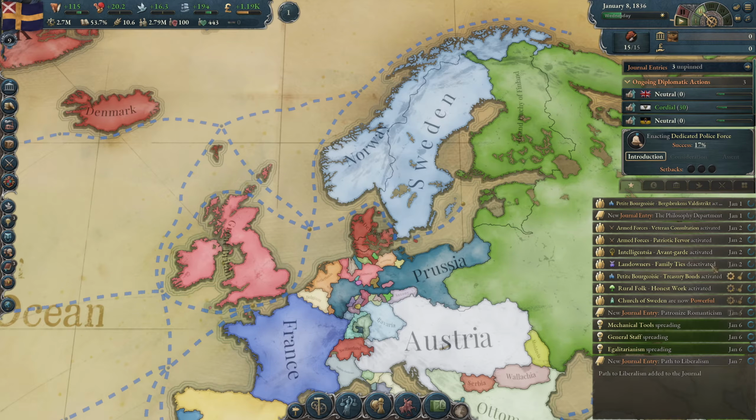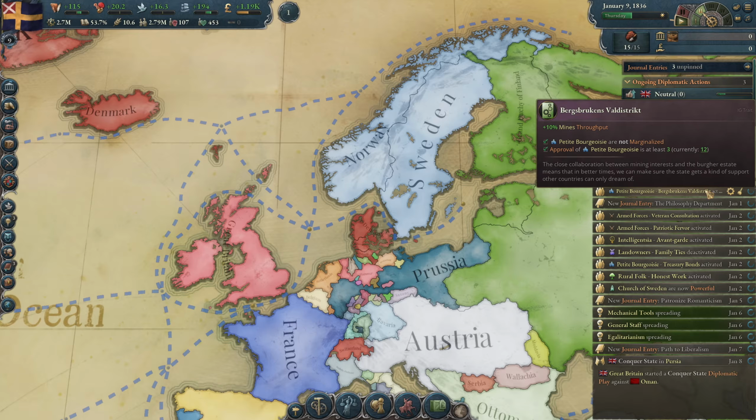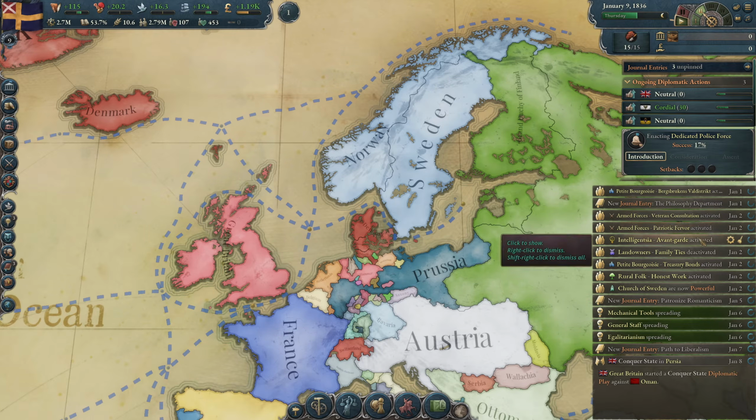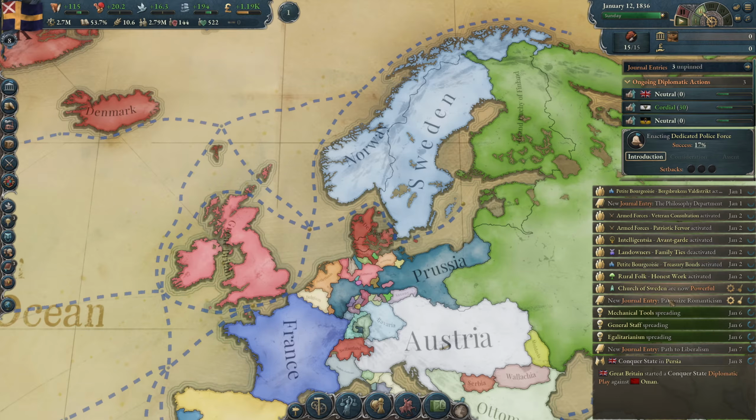And over here you can get all kinds of messages that make people happy or not, or whatever they do. You can get bonuses and penalties from your interest groups, and when you have elections from your political parties. You see that we are having some research that is spreading in each category.